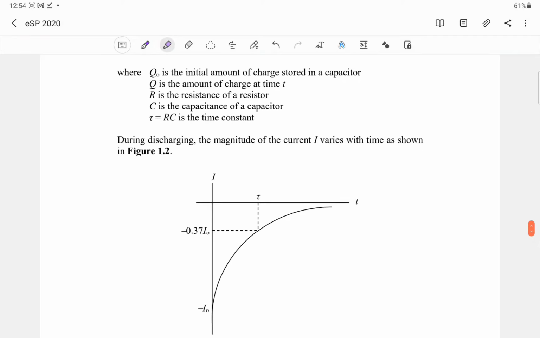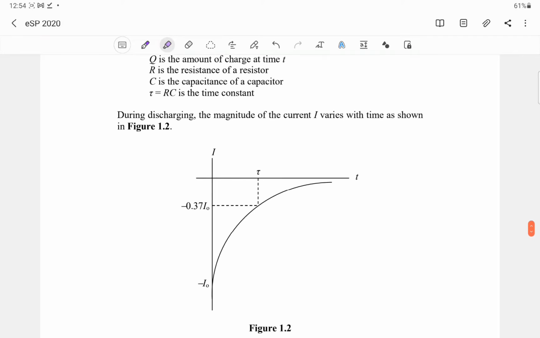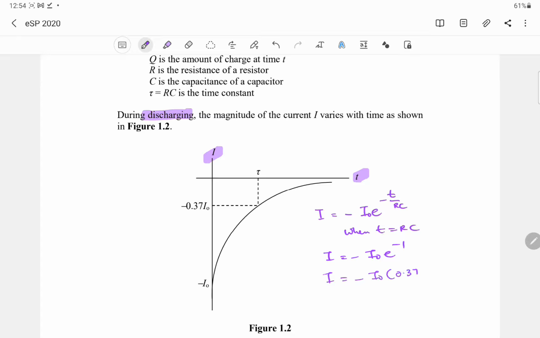Let's look at the graph of current versus T for the discharging process. The formula is I is equal to negative I naught exponent negative T over RC. When T is equal to RC, we will have I equal to negative I naught exponent negative 1, so I equals negative I naught times 0.37.